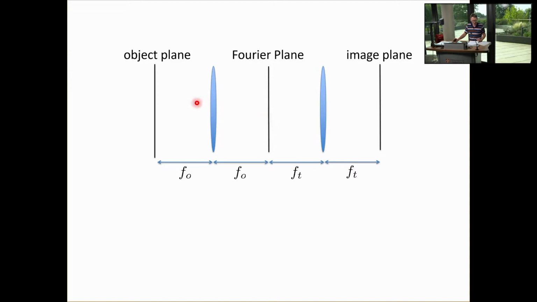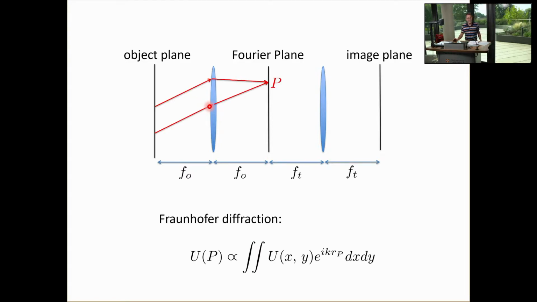And so we have seen already that this system satisfies Fraunhofer conditions. So if we have an object, then what this objective does, it bundles parallel rays of light. So all the spherical waves that can be described going off into all directions, these spherical waves, parallel rays, are projected to the same point on the Fourier plane.